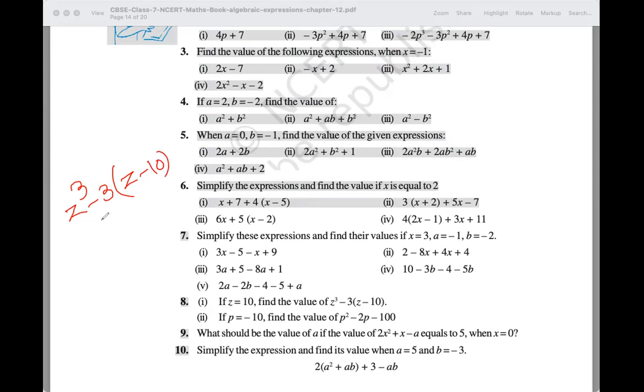If you open the bracket, what did I get? Z cube as it is, minus 3 into z is 3 times z, and negative is positive. 3 into 10 is 30. Here I was telling you that in this term there is z, in this also there is z. Are these like terms?